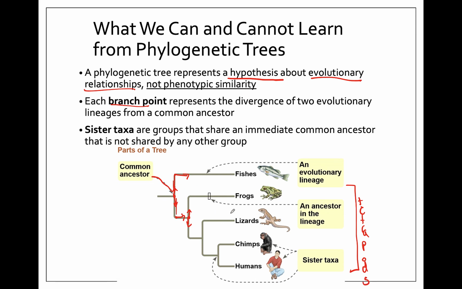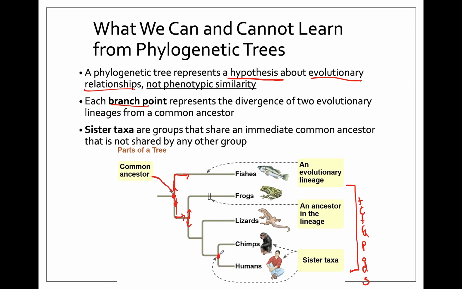So fishes and humans, our most recent branch point, if you follow us all the way back, is way back here. So fish and humans don't really share a recent common ancestor. The common ancestor is much further back.